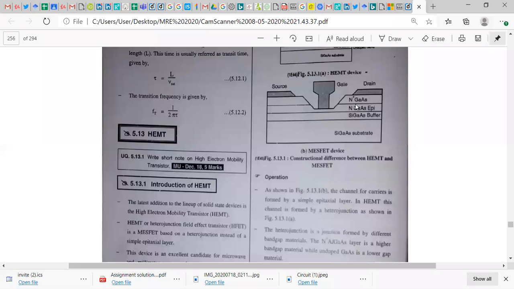As the electrons move from N+ to N type, N+ is a doped semiconductor, while this is not doped, a pure N-type semiconductor. So here there are not a large number of free electrons. In N+ we have a large number of free electrons, but here the number of free electrons is less. Therefore, the number of collisions also reduces in N type.